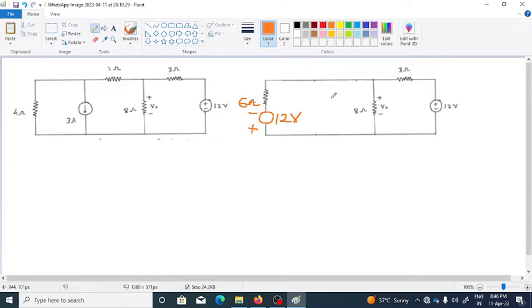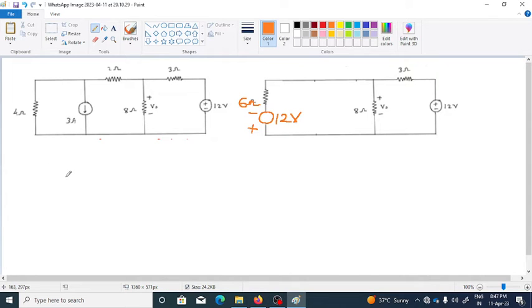So now this newly generated circuit is having a 12 volt supply here. In series with that we are having 6 ohm resistance, this 12 volt supply and 6 ohm resistance, right? Now as decided, we are not going to disturb this. So we can again convert this voltage source and series resistance into an equivalent current source, and similarly this voltage source and resistance will be converted into another single current source and an equivalent resistance.